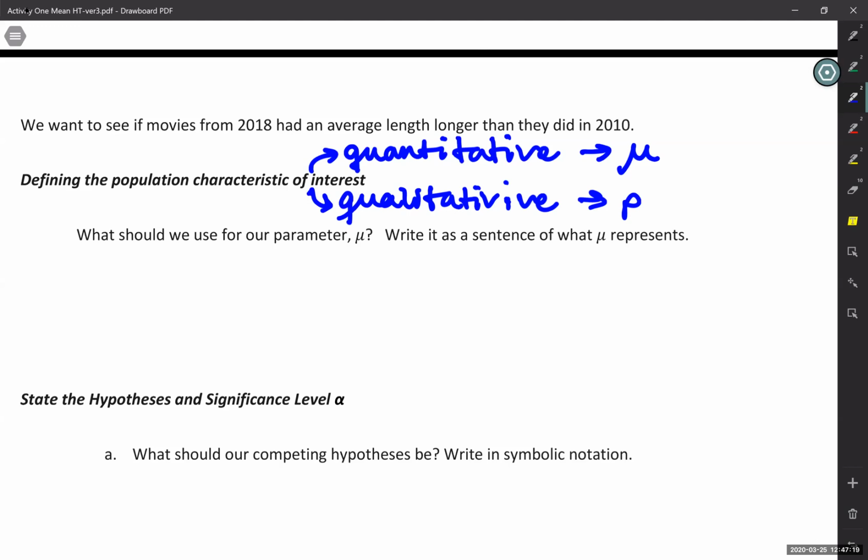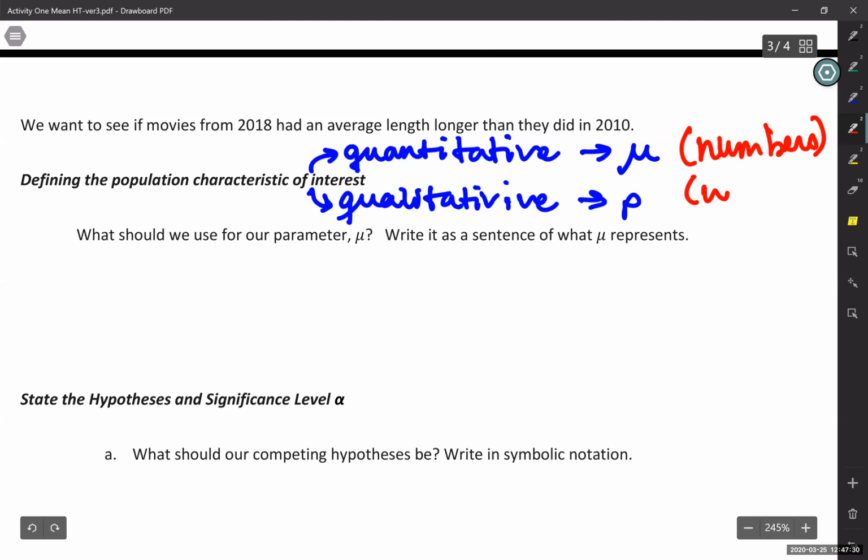So let me go back. This is our review from chapter 1 or 2. Quantitative is numbers, and qualitative is words. So what question are you asking? Are you asking a question about numbers? In this case, 86 minutes. So that would be quantitative. That's why we're using mu.